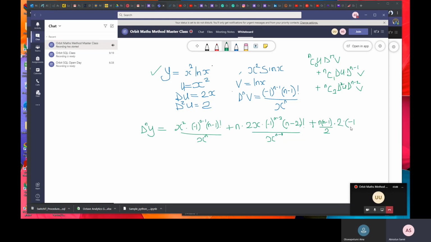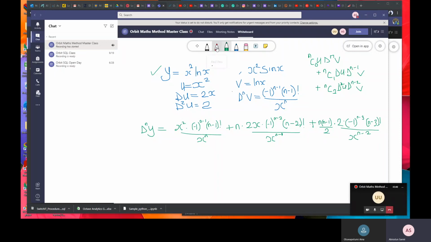So minus 1 raised to n minus 3 times n minus 3 factorial, all over x to the power n minus 2. Okay, let me ask, do you understand why n combination 2 is this?